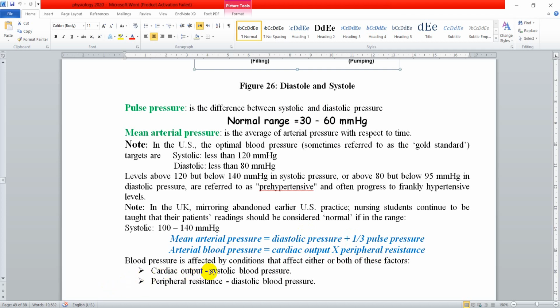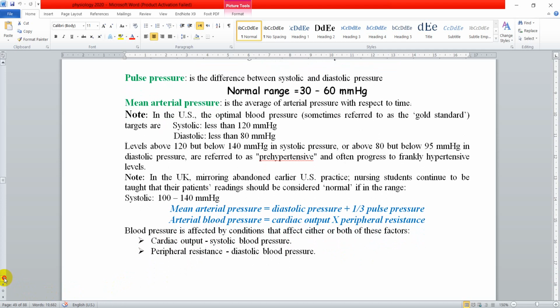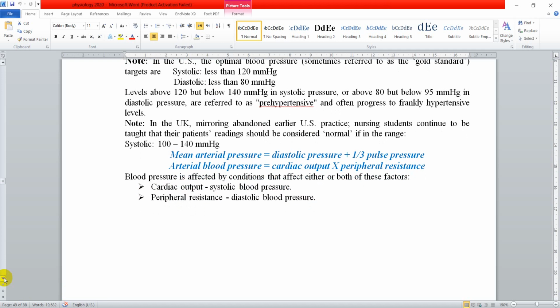Blood pressure is affected by conditions that affect either or both of these factors: cardiac output and peripheral resistance.